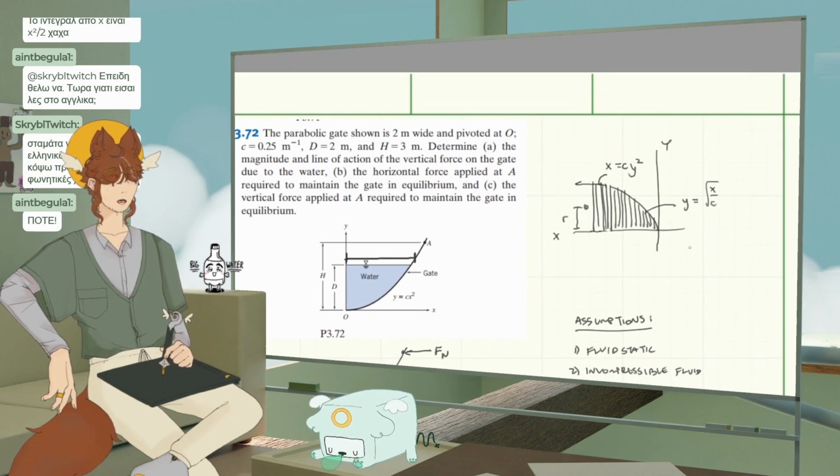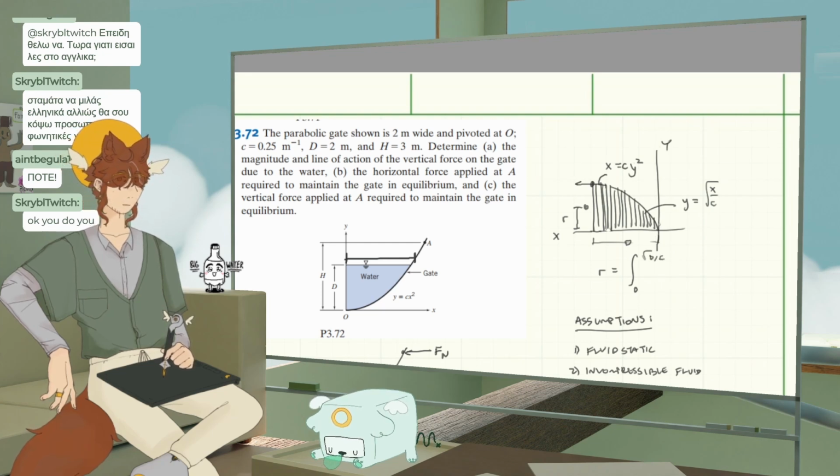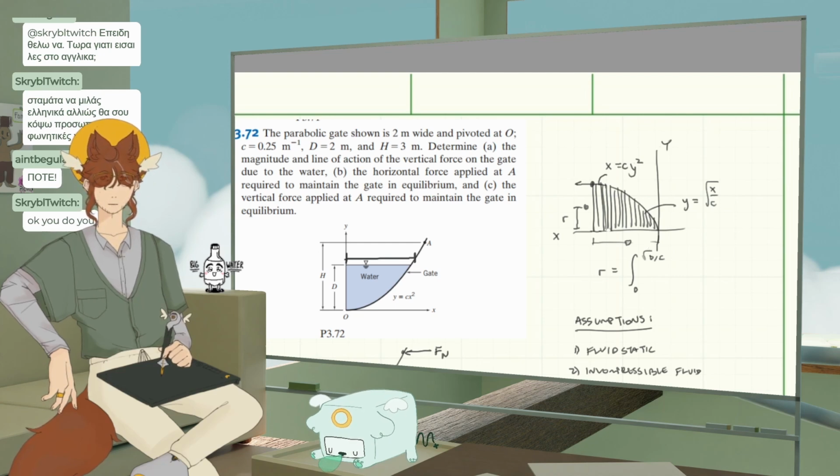If I want to find the R, it is going to equal... from, I guess we're going from 0 to, I'm just going to pretend we're flipping it to the other side. So 0 to whatever this value is here, which is D. So from 0 to D, and if we plug in D for X, we get the square root of D over C. And we're going to get this curve, which is X over C. Wait, I'm going slowly.